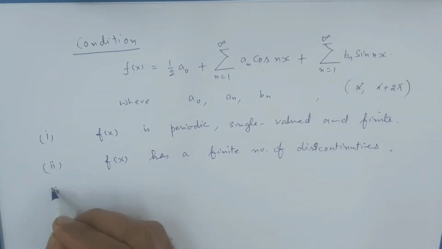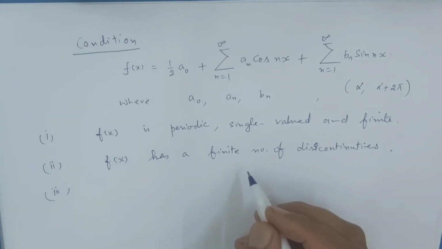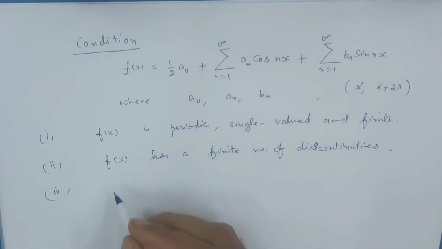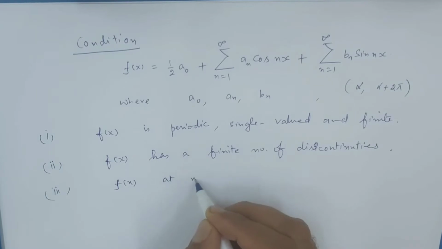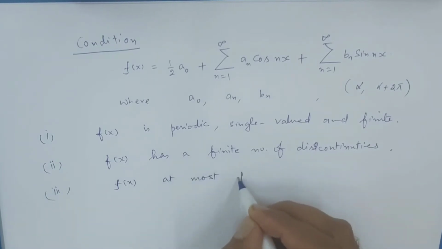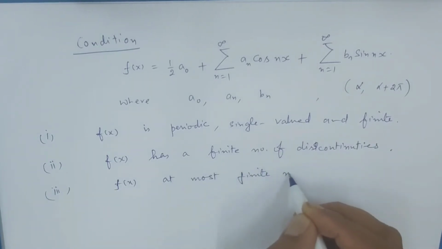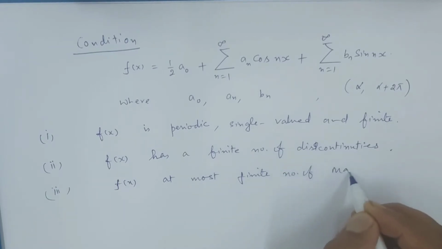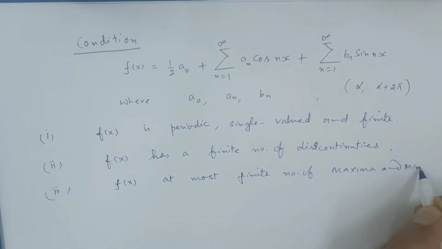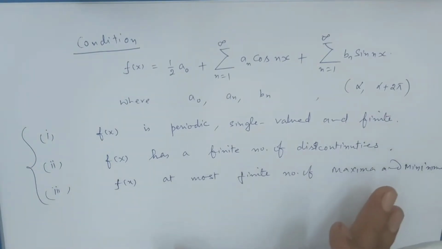Number 3, f of x has at the most a finite number of maxima and minima. These are the simplest conditions of Fourier series expansion.